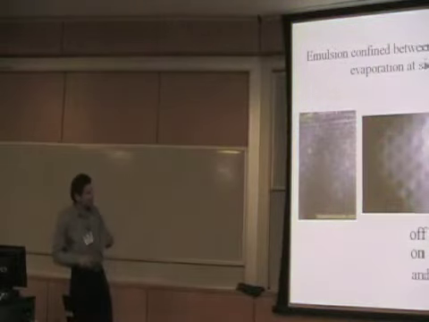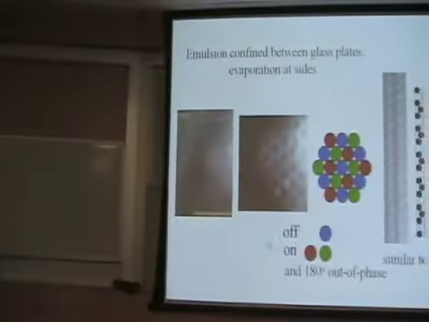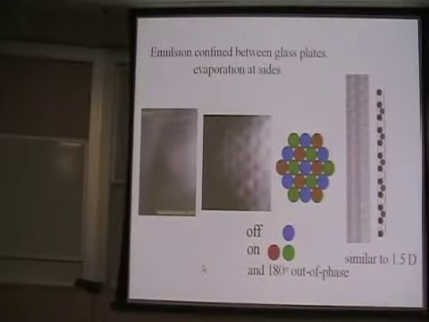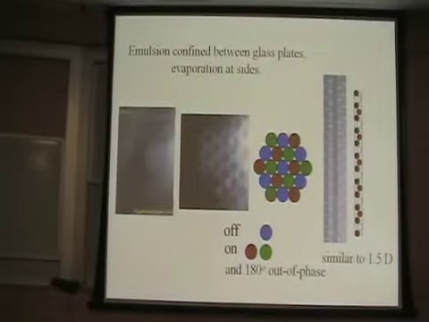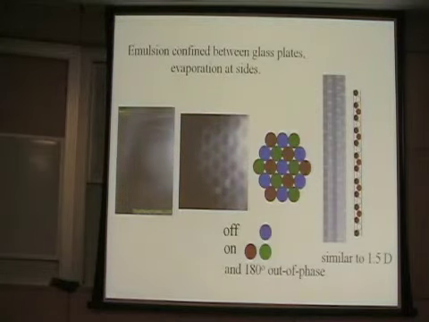But then you do a slightly different experiment. Here we use slightly different chemical conditions, and then what happens after some time is every third drop turns off, and the remaining ones oscillate 180 degrees out of phase. If you take the intensity, a space-time plot across these 5 drops, the red and green oscillate 180 degrees out of phase.